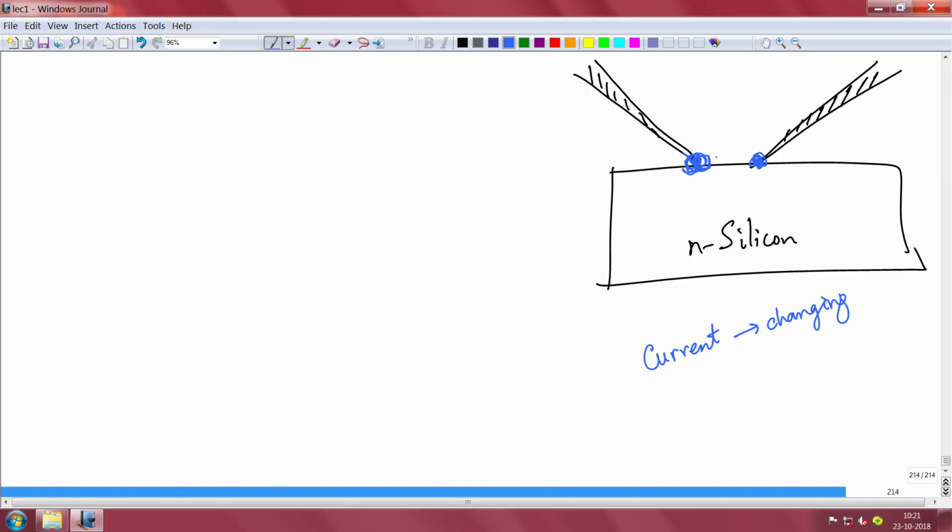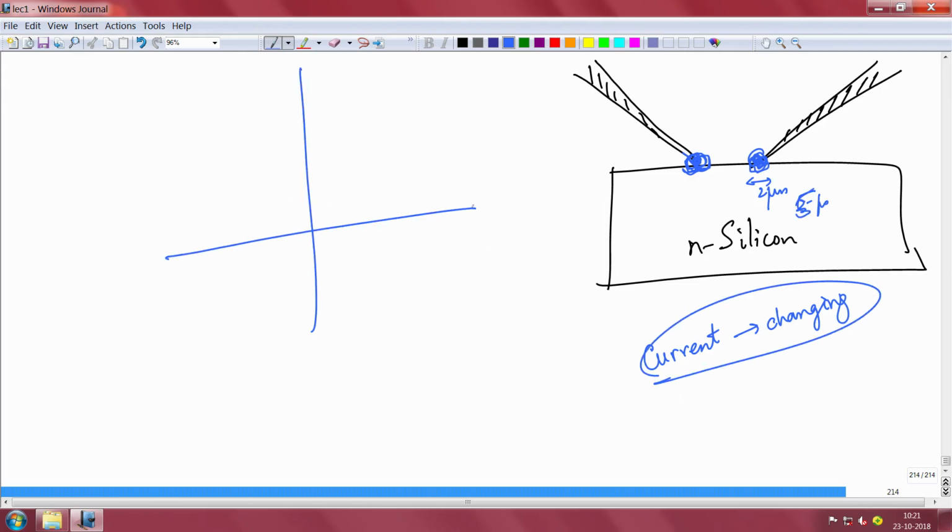So because of dirt going on and off here and there, there is no control on the size that you are having. It might be 2 micron, suddenly there might be a big dust particle, it might be 5 micron, right. So the current will keep changing every time you measure an IV. Suppose I take a contact and I want to measure, the first time I get an IV like this, the second time the dirt has become more.